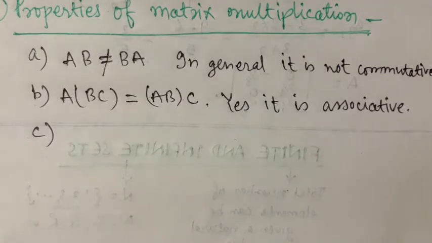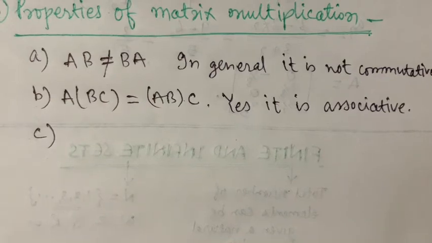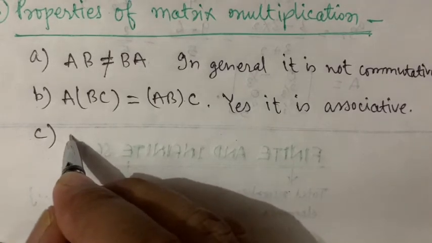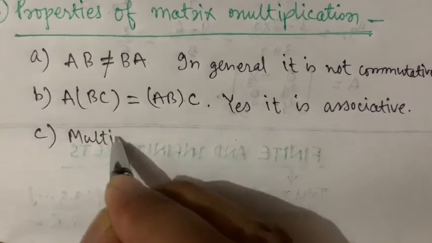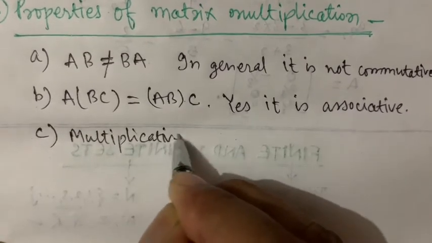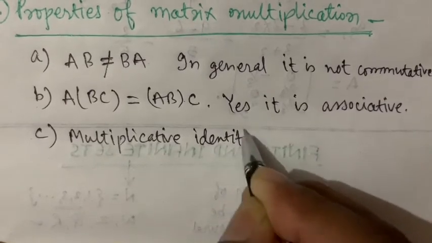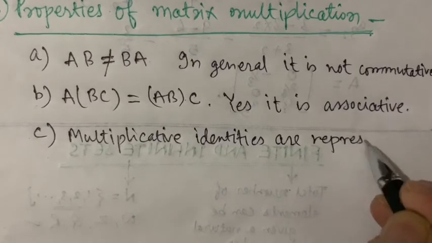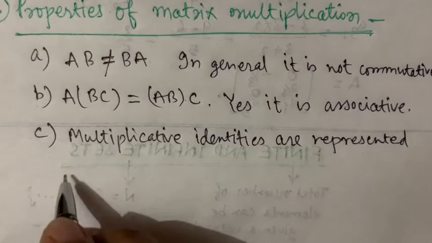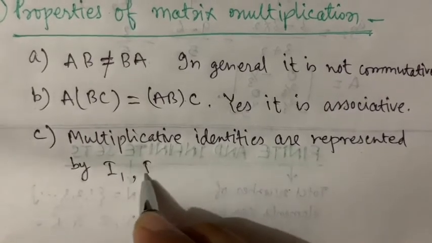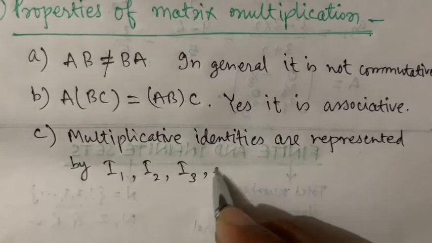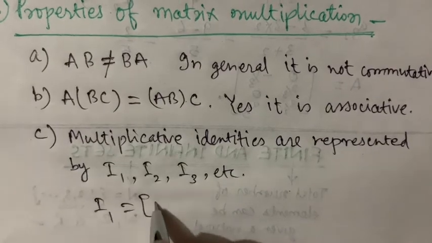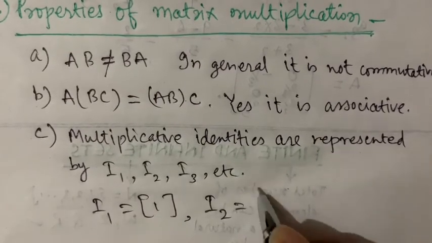Actually, the existence of multiplicative identity is there, and multiplicative identities are represented by I1, I2, I3, etc. Where I1 means 1, which we had discussed in the last session also.